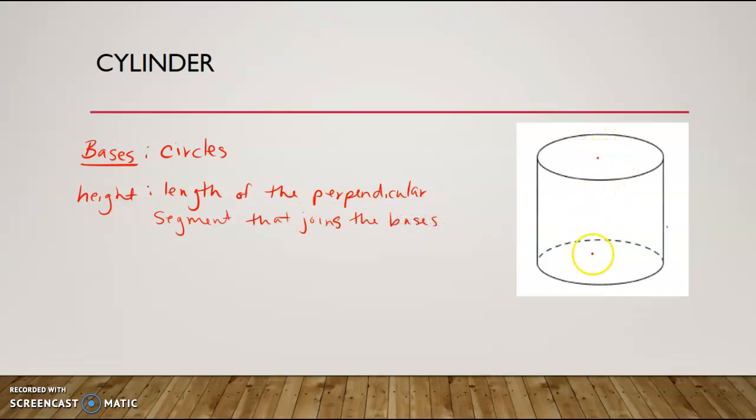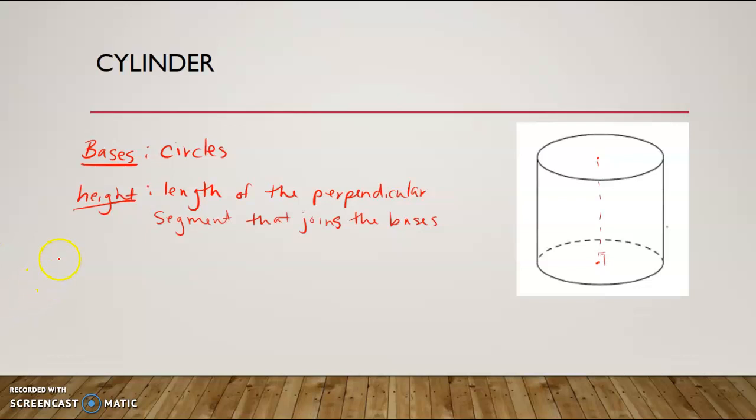On what we call right cylinders, it's the segment that joins center to center and creates a right angle with the bottom. That's what perpendicular means. Our height is going to go from top to bottom as long as it's a right cylinder, meaning that everything is squared up and not slanted. So that is our height.